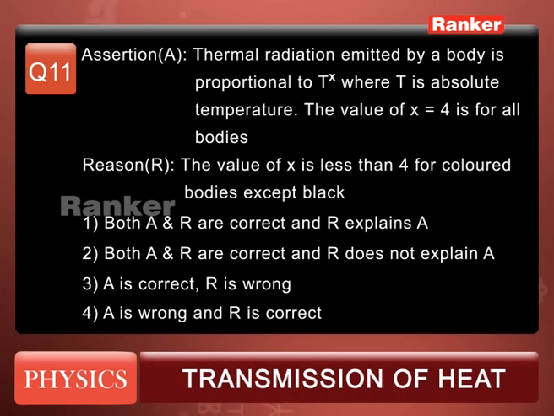The options are: first, both A and R are correct and R explains A. Second, both A and R are correct and R does not explain A. Third, A is correct, R is wrong. Fourth, A is wrong and R is correct.